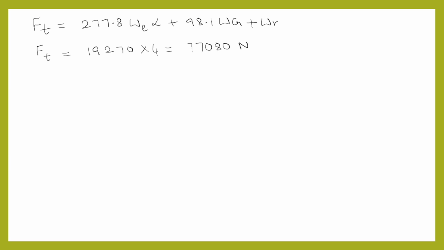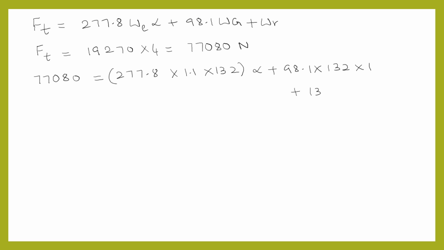Substituting the values in the equation of Ft to find alpha, we have 77,080 equal to 277.8 into 1.1 into 132 alpha plus 98.1 into 132 into 1 plus 132 into 44.5. Solving, we get the acceleration alpha as 1.44 kilometer per hour per second.